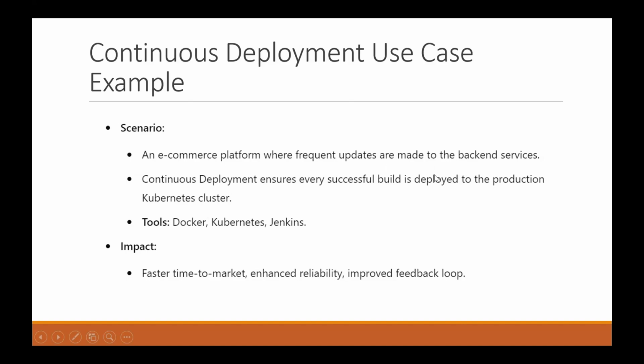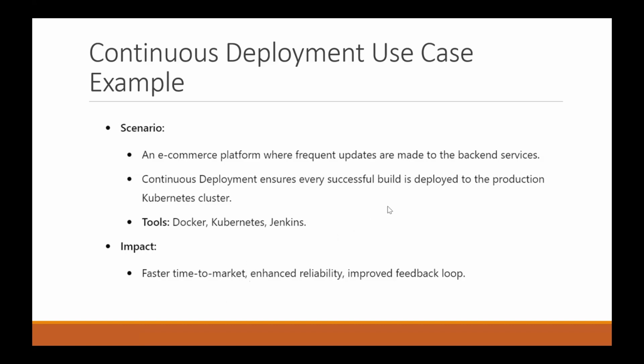Like in this example, if frequent updates are made in the backend service of that e-commerce platform, continuous deployment can be used to deploy the pipeline till production in their cluster. These tools can be used: Docker, Kubernetes, and Jenkins.